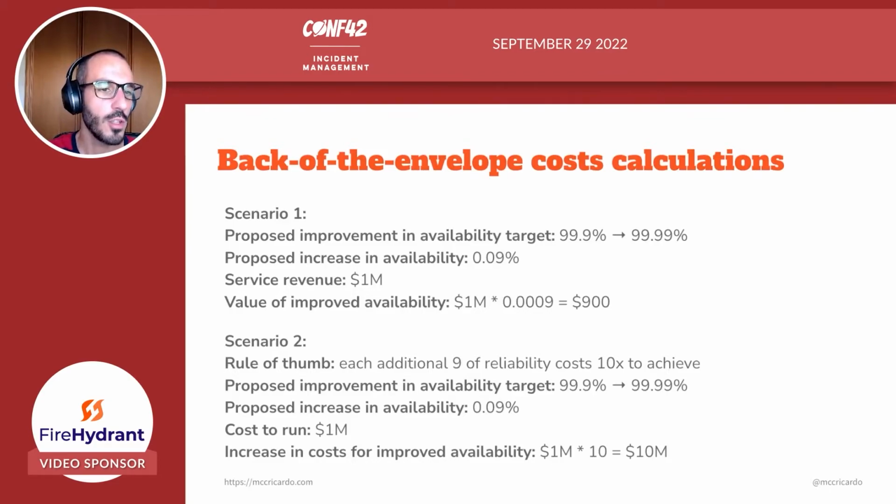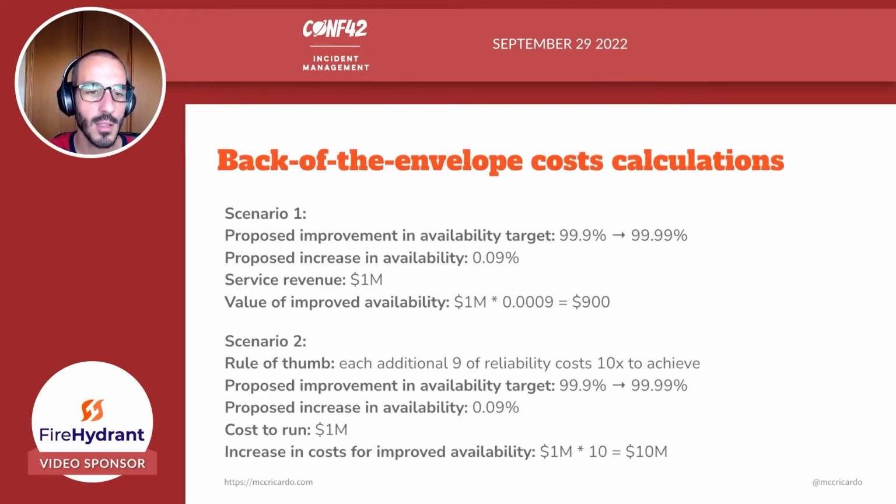Scenario 2, let's use a rule of thumb. We can see a lot in documentation, and I believe it's also in the SRE book, that each additional 9 of reliability costs us 10 times to achieve. So if I go from 3 to 4 nines, this means that whatever it costs me to run my services will increase by a factor of 10. Let's use exactly the same example, going from 3 nines to 4 nines, and let's imagine that it costs us $1 million to run.